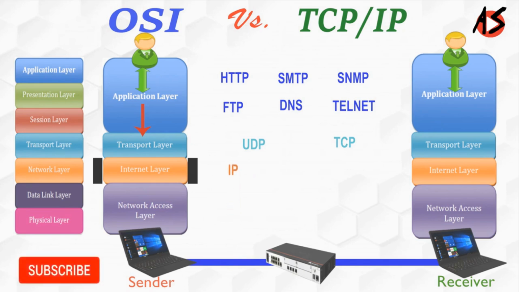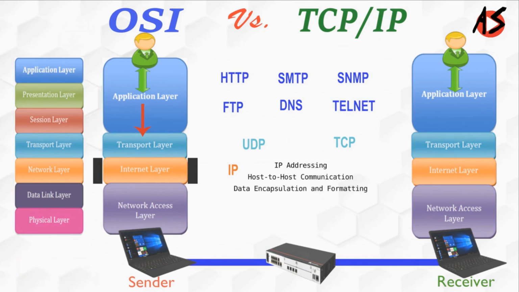IP is responsible for IP addressing, host-to-host communication. It determines the path through which the data is to be transmitted, data encapsulation and formatting, fragmentation and reassembly, and routing, by which the IP datagram passes through various devices, such as routers, when the destination is on a distant network.